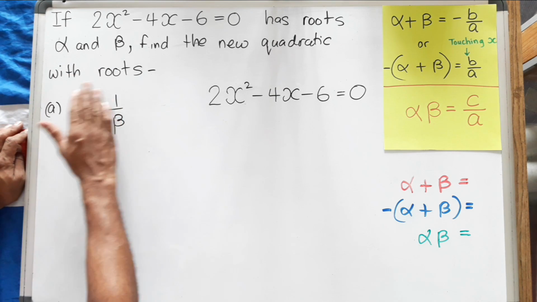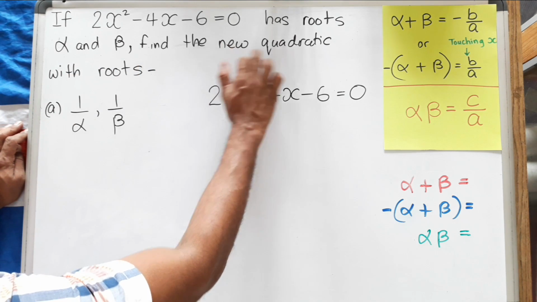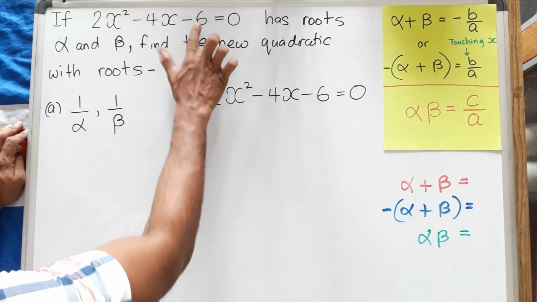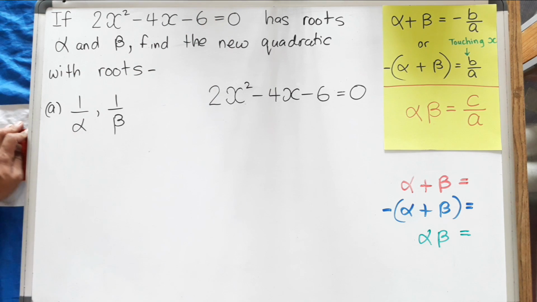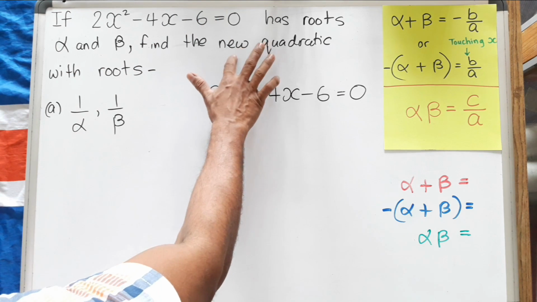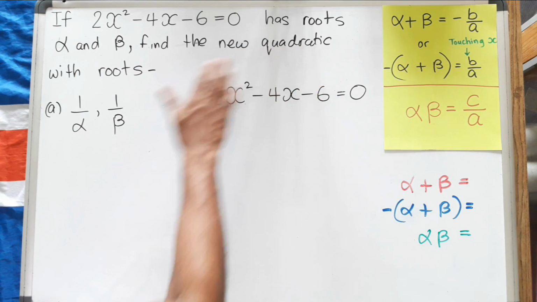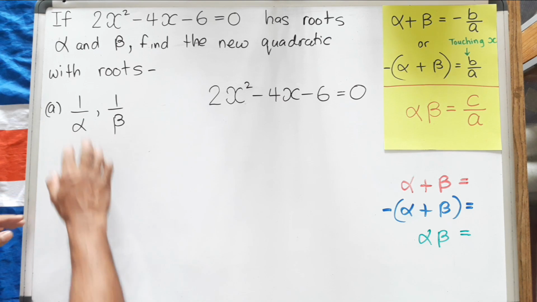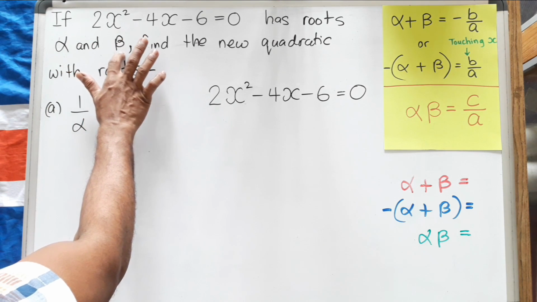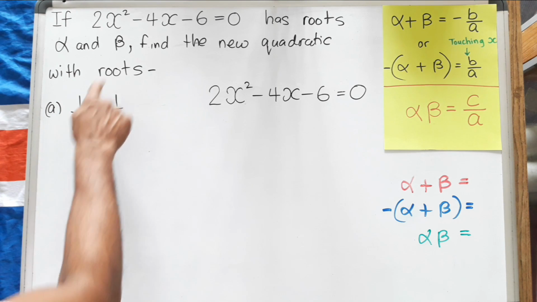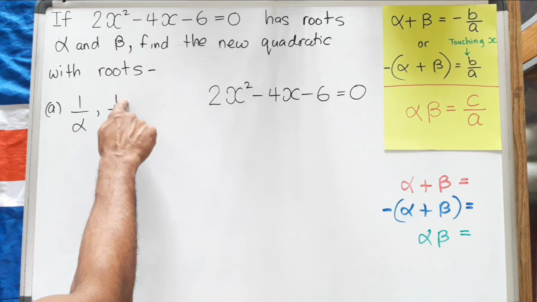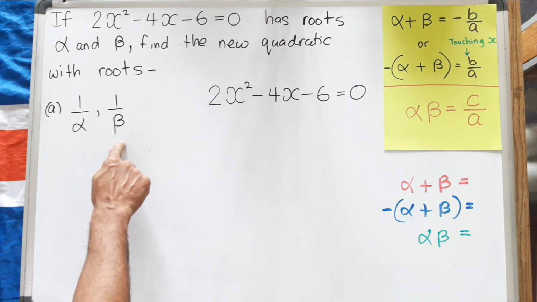Now they are telling you that they want you to find a new quadratic, not this quadratic. You have to find a new quadratic with different numbers, because this new quadratic has 2 different roots. The roots are not alpha and beta. Alpha has changed to 1 on alpha, and beta has changed to 1 on beta.